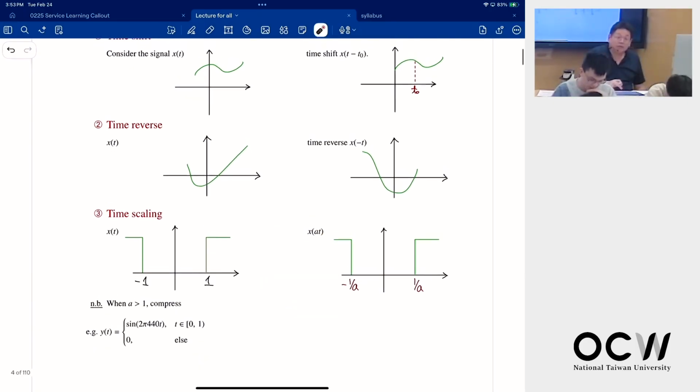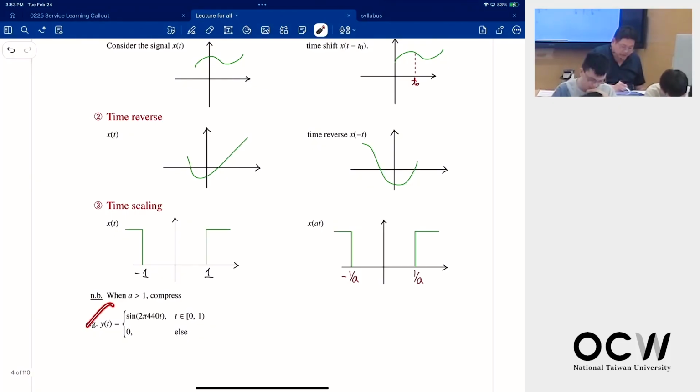If you don't have any questions, now I have an example. You can see that my signal is either a sine function or 0. We can express it in this way, or we can express it with a Heaviside function. How do we do this?